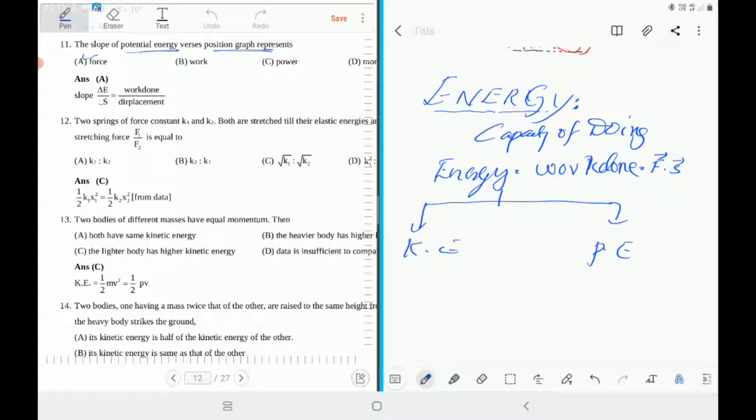For our CET NEET multiple choice questions, the very commonly used energy expressions are: kinetic energy, that is half m v squared, and potential energy. You learned two types of potential energies mainly here: gravitational potential energy.